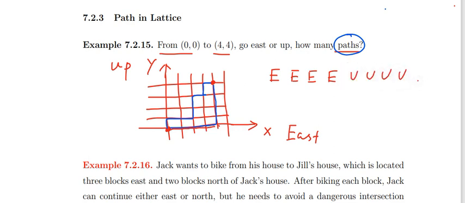We can regard this path thus. And for this one, we can say up, then east, east, right? Then up, up, up, up, then east, then up, then east, right?